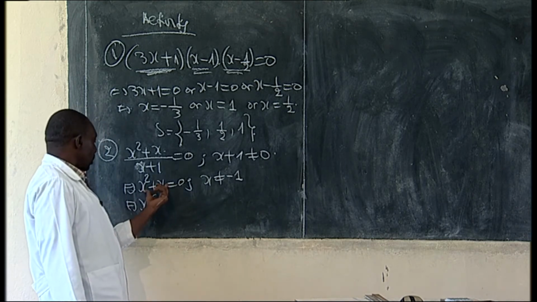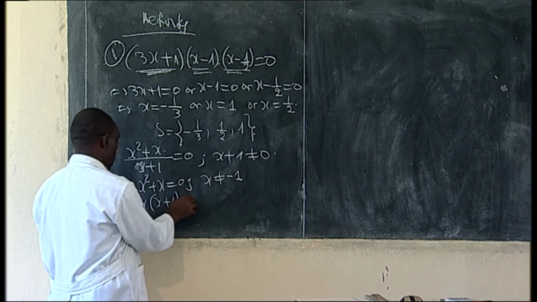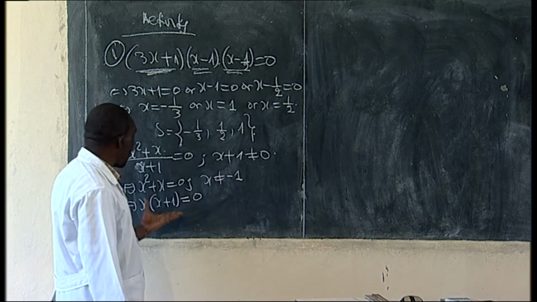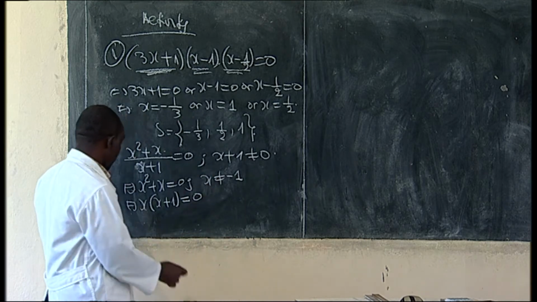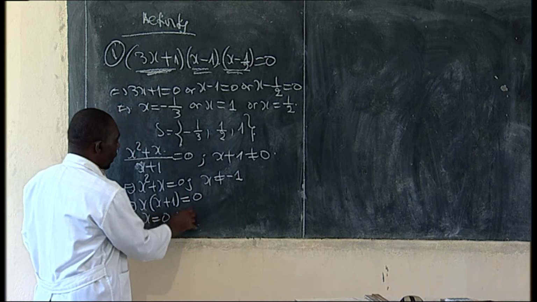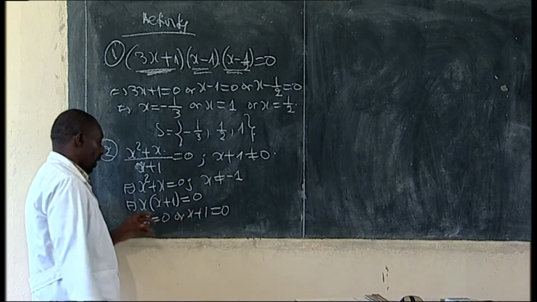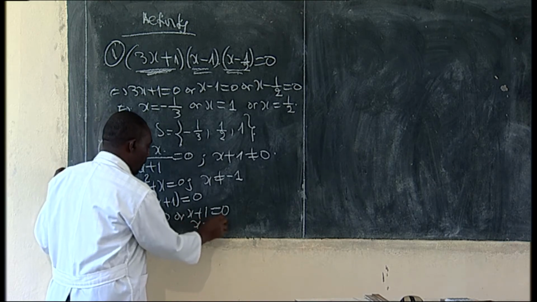Okay. Then, factorizing this expression, I have x times x plus 1, which is equal to 0. We apply the zero product property as before. That means x is equal to 0 or x plus 1 is equal to 0. Here, of course, we have the value of x, and here x is equal to -1.